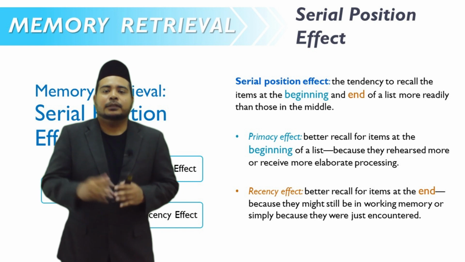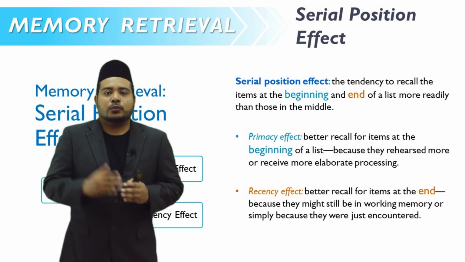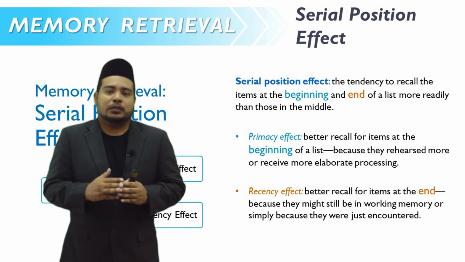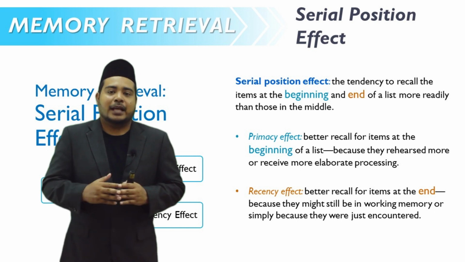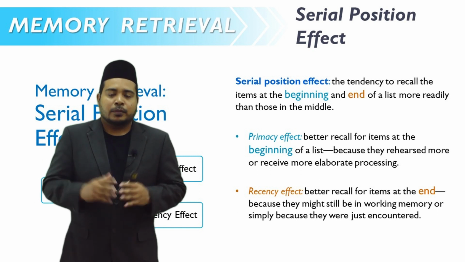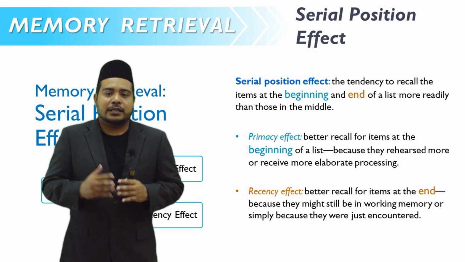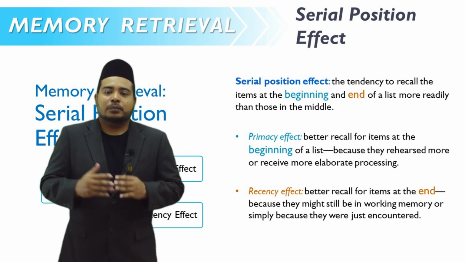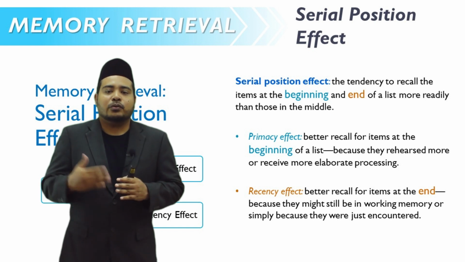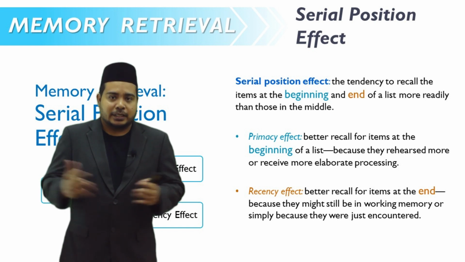Okay, under serial position effect, we have two sub-effects, what we call primacy effects and recency effects. For primacy effects, we better recall items at the beginning of a list because they are rehearsed more or receive more elaborate processing.